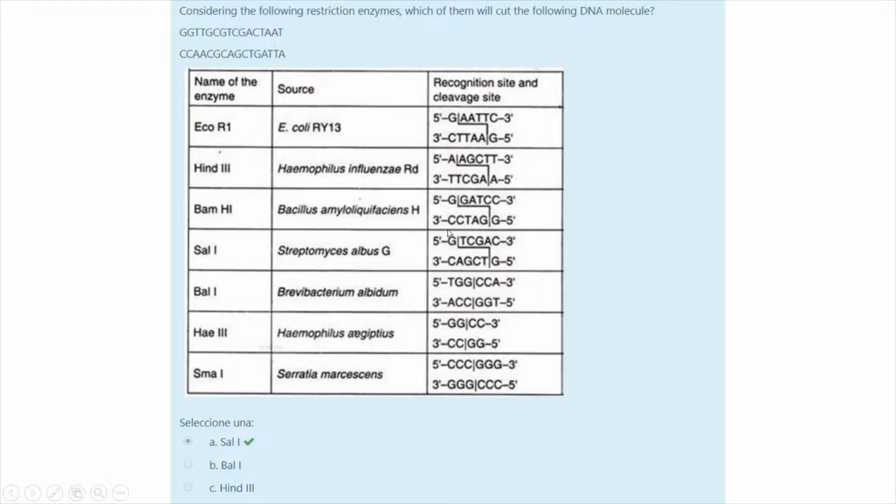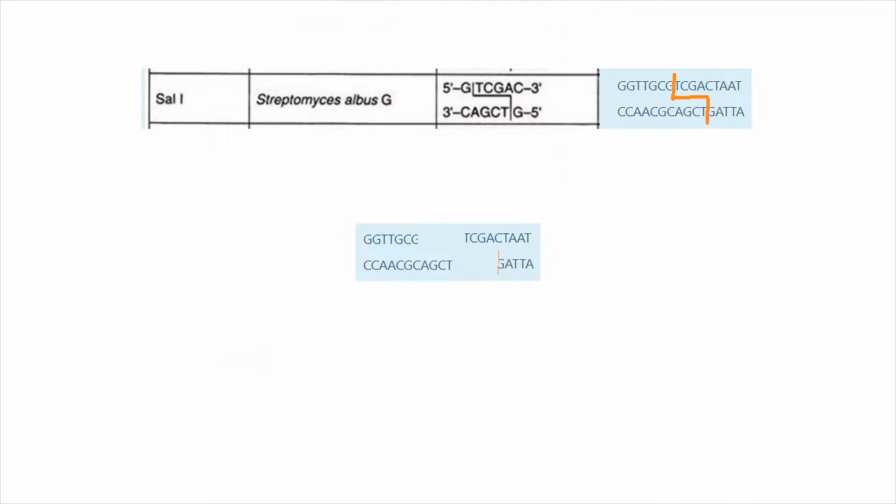So that's the one that is the right one. Remember, these types of activities just need your attention. As long as you pay attention, it's not going to be difficult for you. That's the way that this restriction enzyme will cut these.